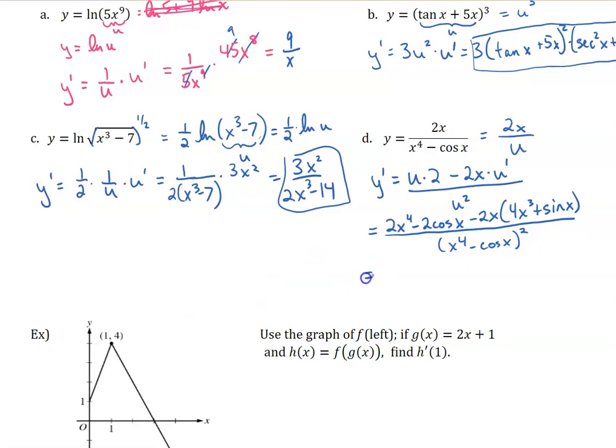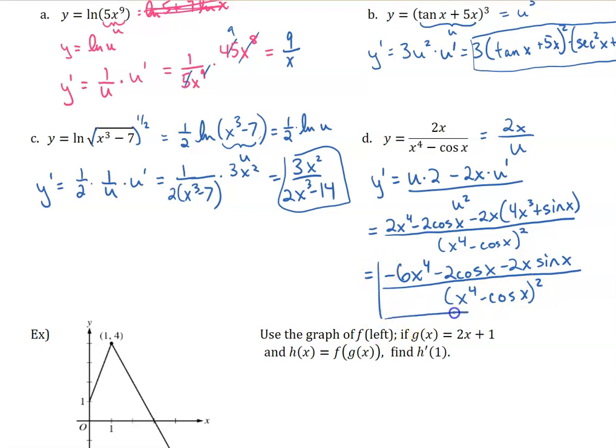Okay, so we can write this as, we have 2x to the fourth, and this will be minus 8x to the fourth, so that's negative 6x to the fourth, and then minus 2 cosine x, and then distributing that, it's minus 2x sine x all over x to the fourth minus cosine x squared. Again, just leave that like that, don't distribute.